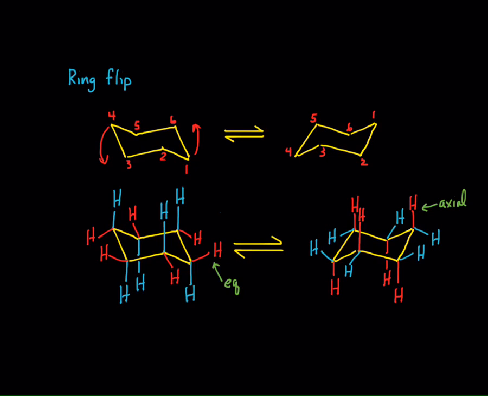Again, this is going to become very important when we think about what happens when a substituent is on the ring. It's going to move. It's going to go from equatorial to axial, to equatorial to axial. And this is an equilibrium process, and we're going to see what happens when you have substituents in those positions, how the equilibrium changes.